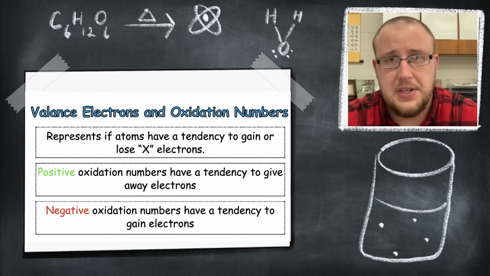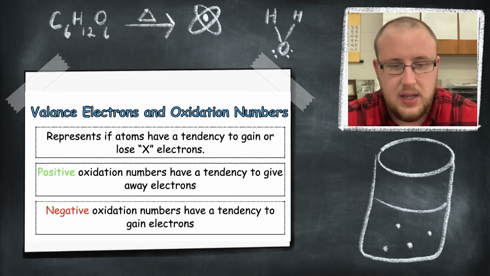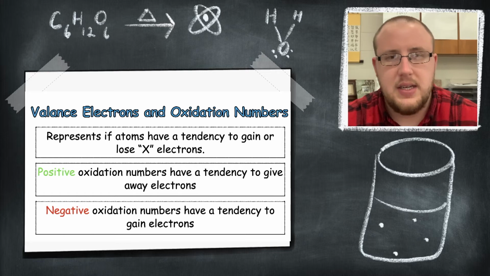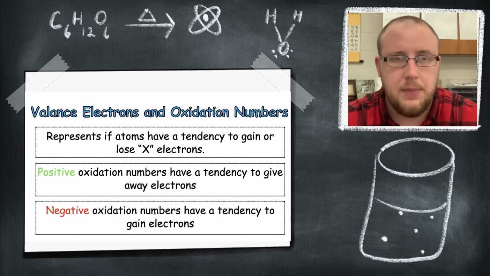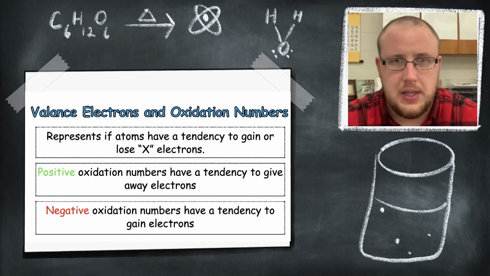Oxidation numbers represent whether an atom has a tendency to lose or gain a certain number of electrons. If it has a positive oxidation number, it has a tendency to give away electrons. So if I have a +1 oxidation number, that means I'm more likely to give away an electron than to take one in.